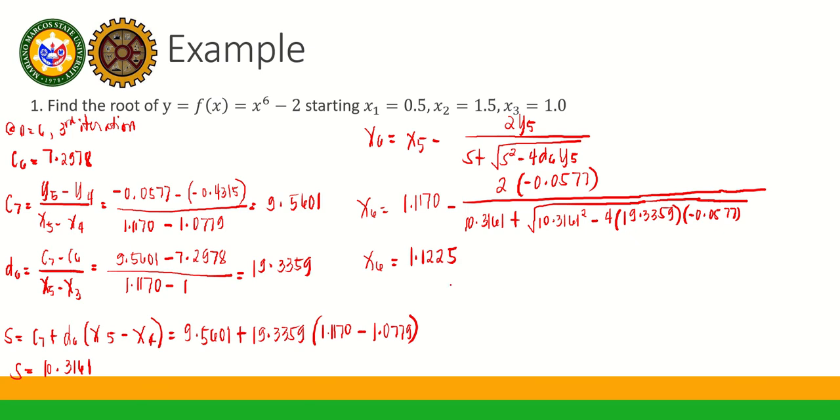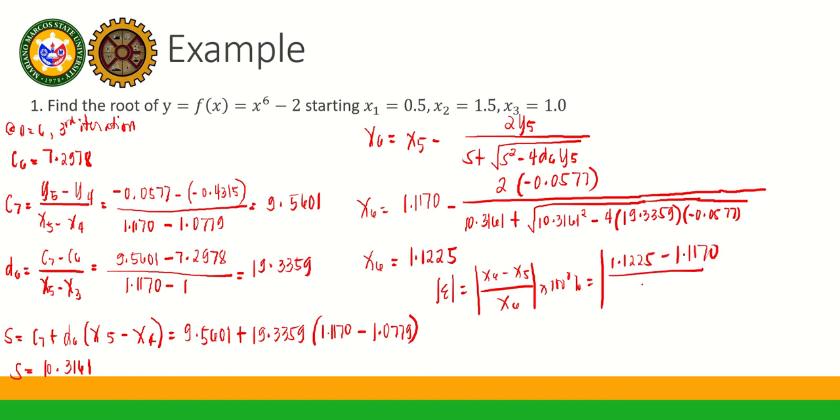Okay, so computing for this one, our x sub 6 is equal to 1.1225. And for the relative error, ayan, relative error natin will be x sub 6 minus x sub 5 all over x sub 6 times 100%. And this is equal to 1.1225 minus 1.1170 all over 1.1225 multiplied by 100. Our relative error is equal to 0.49%.